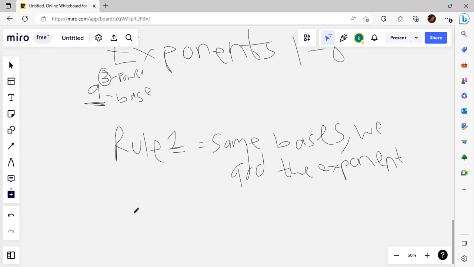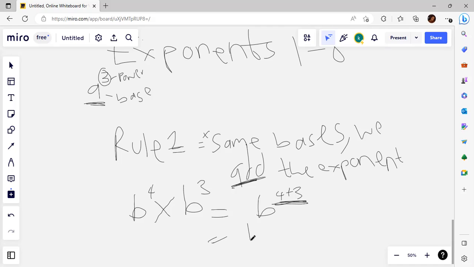This is an illustration for rule number 1. If we have, let's say, b to the power of 4 times b to the power of 3, basically multiplying the same base, we add the exponents. So it becomes b to the power of 4 plus 3, because remember, we add the exponents when we are multiplying the same base.